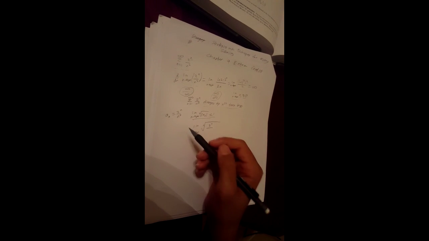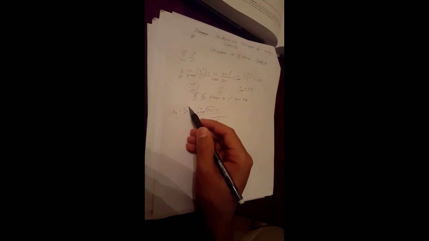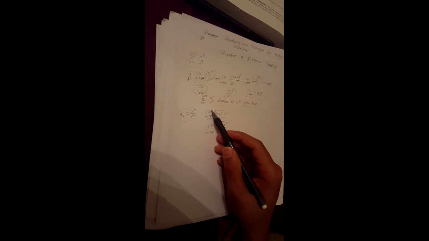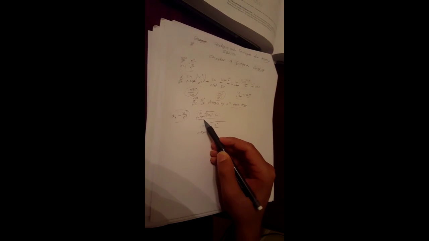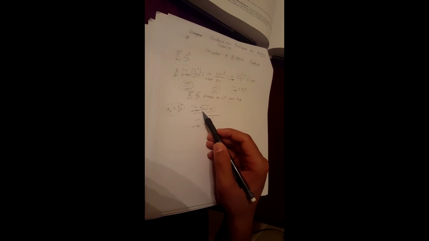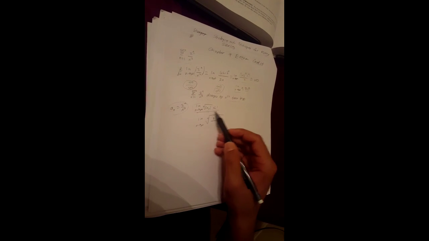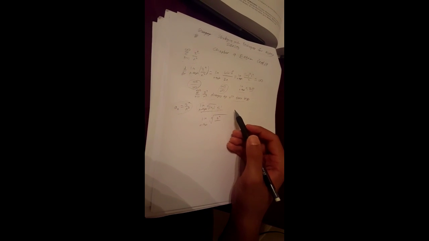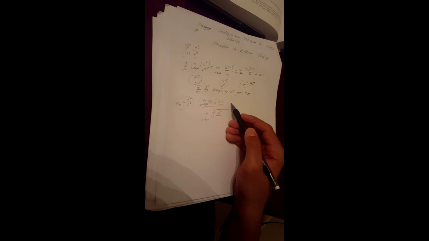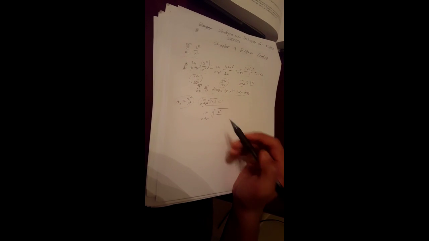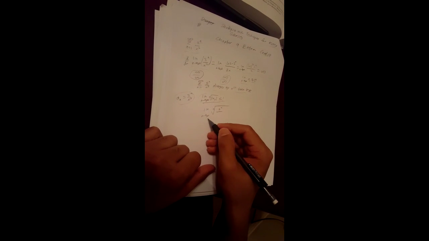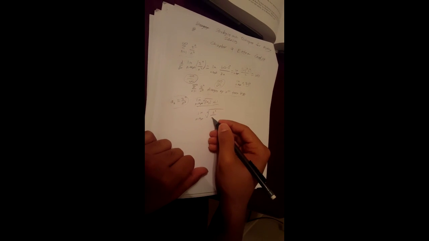Now, we could do this another way. We have a sub n equal to this, and we could use a root test. The root test says that if the limit as n approaches infinity of the nth root of the absolute value of a sub n is less than 1, it converges, and if it's greater than 1, it diverges. And if it's equal to 1, it's inconclusive. So we'll take the nth root of 2 to the n over n squared.